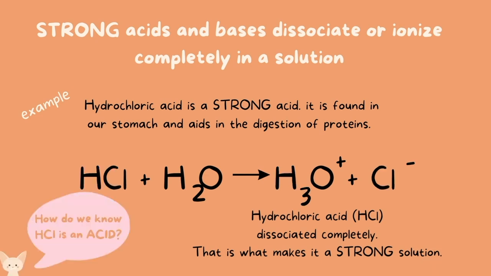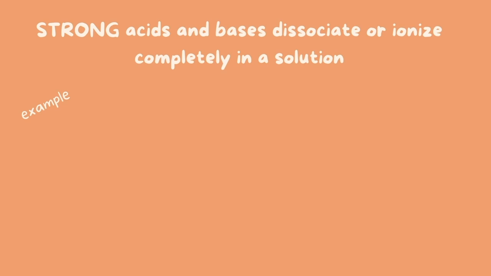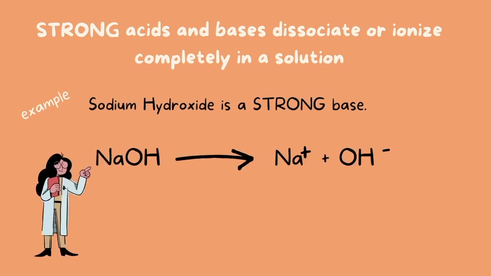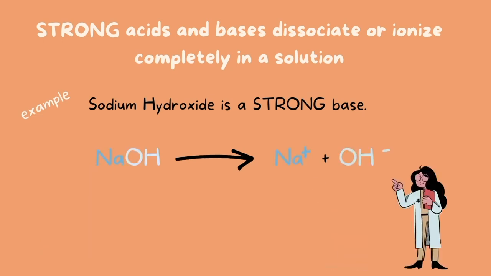But now, how do we know HCl is an acid? Well, HCl lost its hydrogen, or donated its hydrogen, and that's what makes it an acid. Let's look at another example. Sodium hydroxide is a strong base. In this chemical equation, sodium hydroxide dissociates into sodium ions and hydroxide ions.